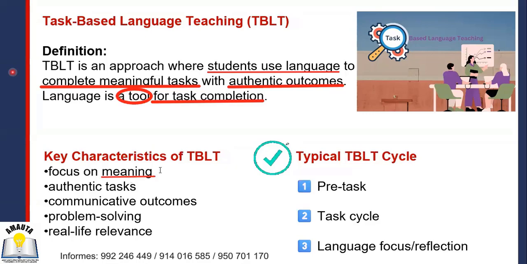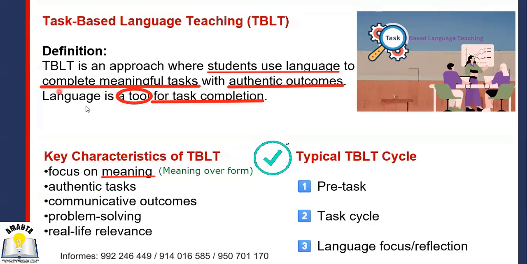This is also aligned to the CLT, right? Meaning over form. Communication over perfection, over accuracy, etc. The important thing is to promote communication in our students, right?